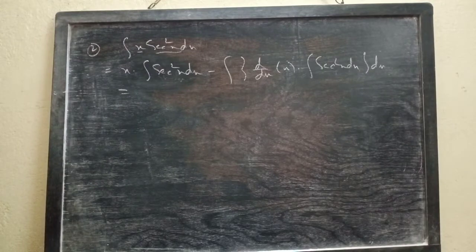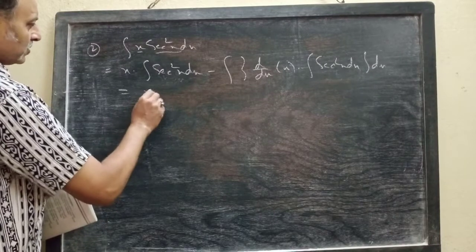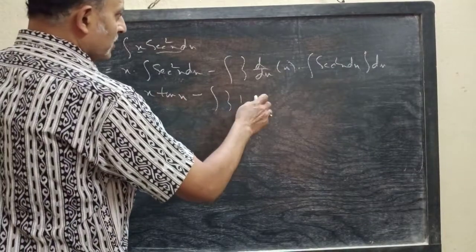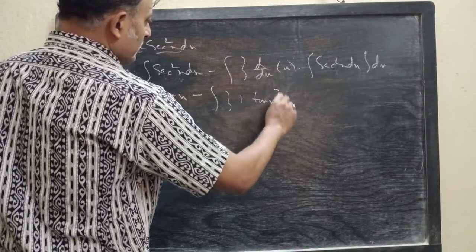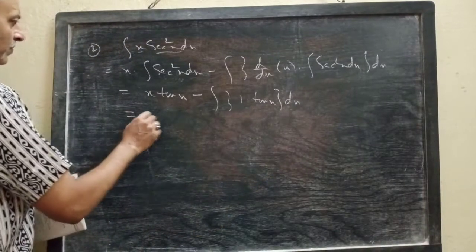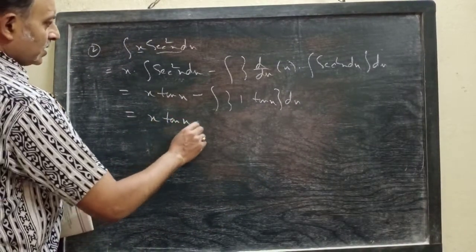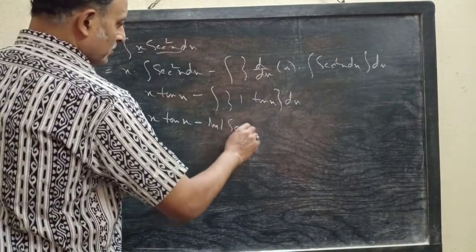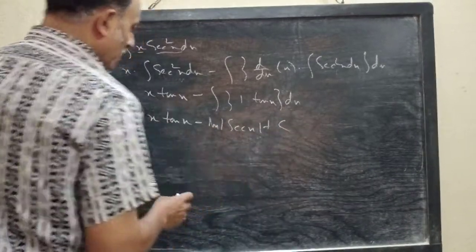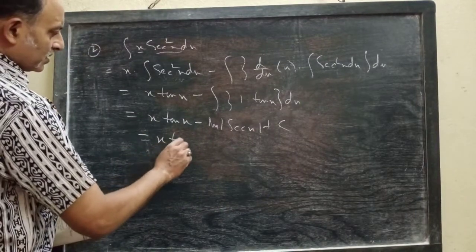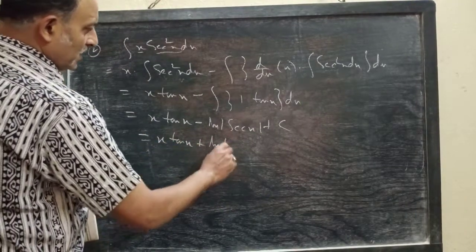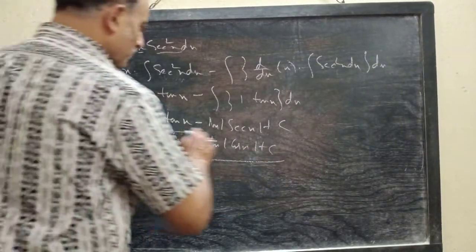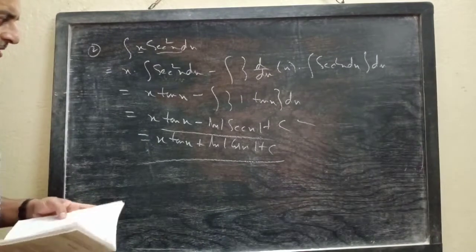What is the integral of sec square x? We know it is tan x. So this will be x tan x minus integration dx of x is 1, this is tan x dx. x tan x minus integral of tan x is ln sec x. Or you can write it as x tan x plus ln of cos x plus c. This is also okay. You can write in this form also.